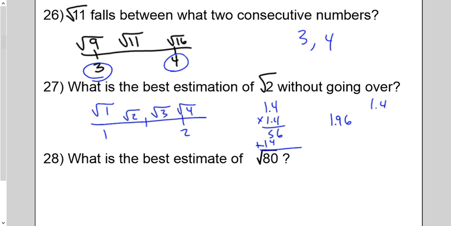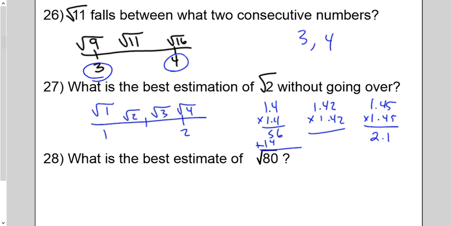If you then wanted to go through and try 1.45 times 1.45 to adjust your estimate, you certainly could. And what you would find at this point is that this would be just a little too big, because it'd be like 2.1 something. And so then you would say, well, let's try 1.42. 1.42 times 1.42.